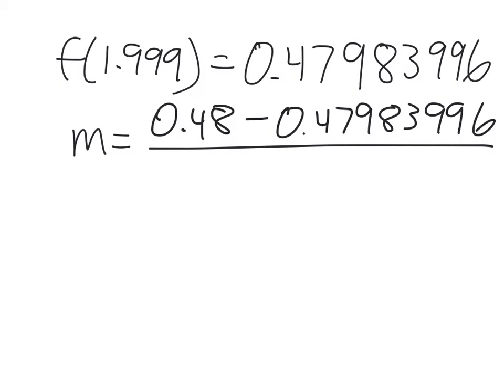Let's see, that's not a 0. 2 minus 1.999. And what do we get for a slope there?